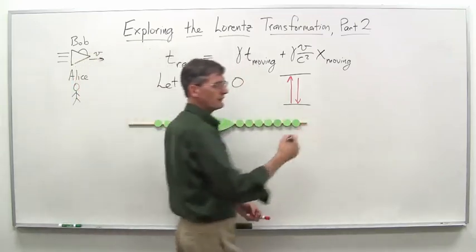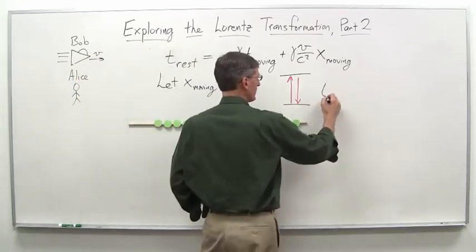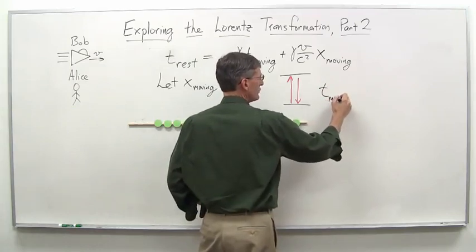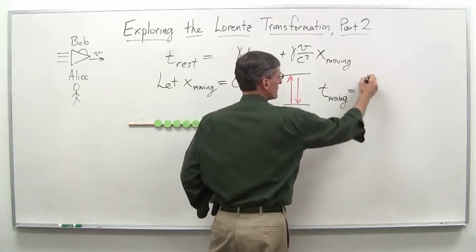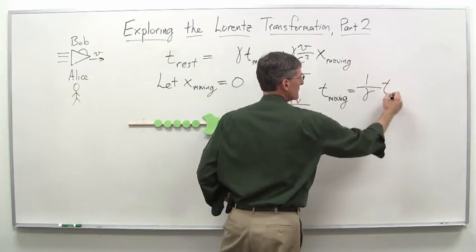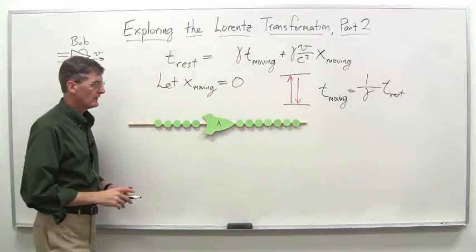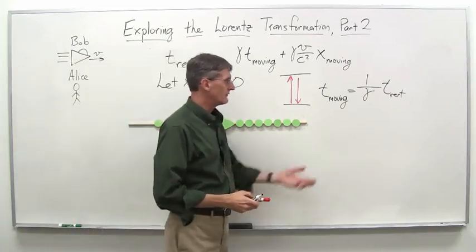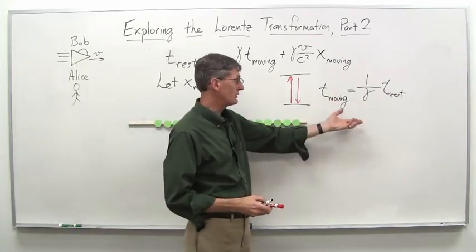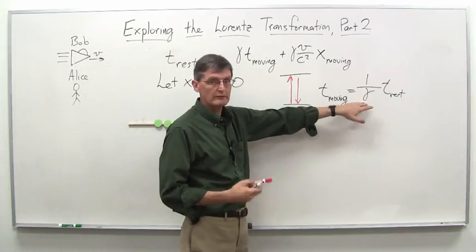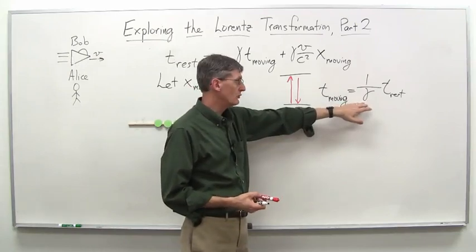And so the way we wrote it previously was something like this. We said time in the moving frame equals 1 over gamma times time in the rest frame. Obviously, you can write it either way there. But this emphasized, for us at least, the time dilation effect, gamma being greater than or equal to 1.